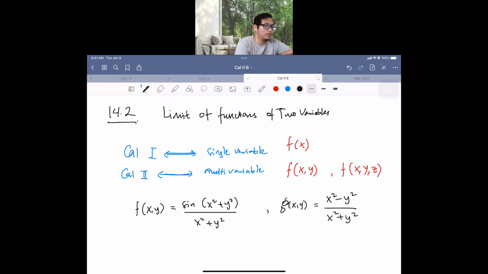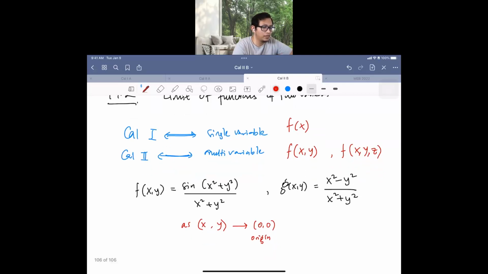Okay. Now, if we have x and y both approach 0, 0, or we can say it's approaching the origin, what should be evaluated within these two functions?